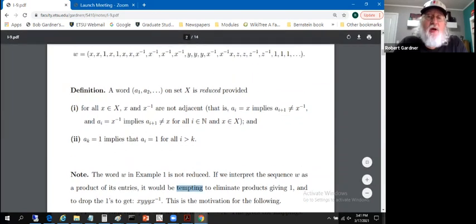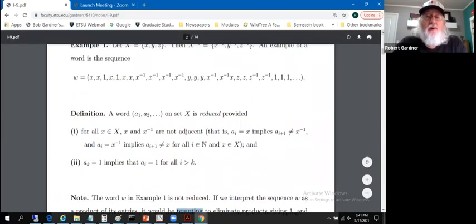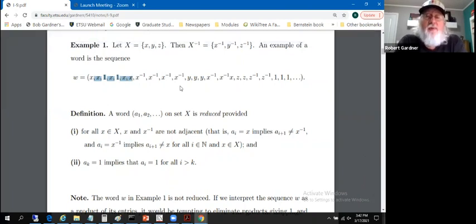Let's see if that's plausible. Okay, here we've got some ones we can drop. Here's an x inverse, x inverse, x inverse, x inverse, 4 of those. Here's an x, we'll drop the 1, and an x and another x. So there's 1, 2, 3, there's 4 x's followed by 4 x inverses. We could replace that with a 1 and then omit it.